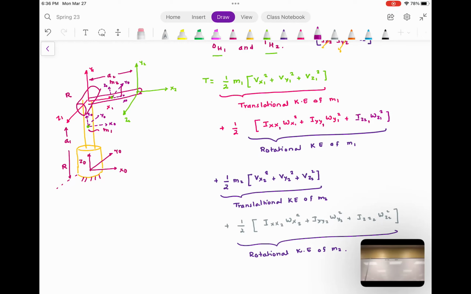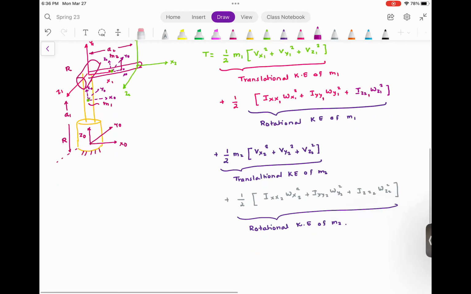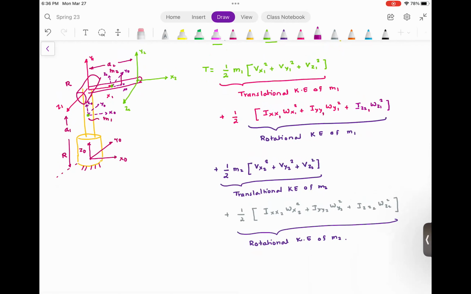Actually, I will derive this in just a minute. So please try to understand Vx1 and, before I start plugging in the numbers, I want to make sure everyone understood this. So what we have is a robot arm. This robot arm has two links and two hinges.